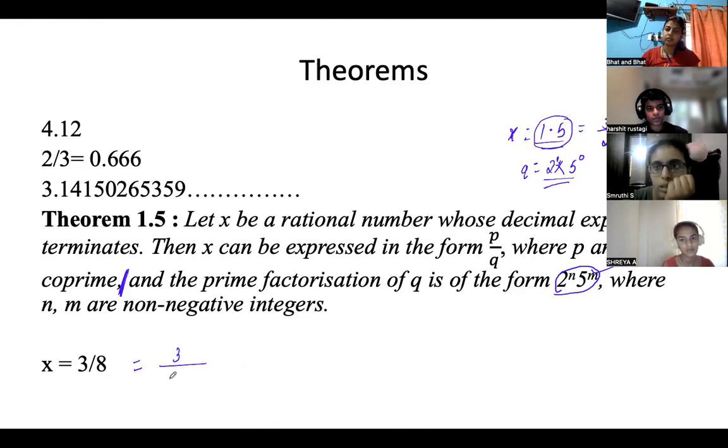So it will be 2 raised to 3 into 5 raised to 0. Since we have expressed this in the form p by q, where q is 2 raised to n and 5 raised to m, we can say that this is a rational number. Understood?